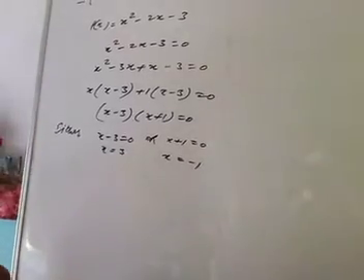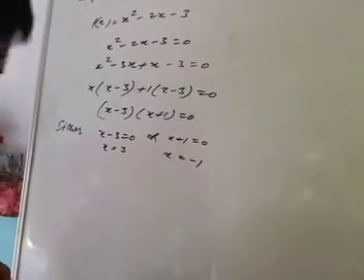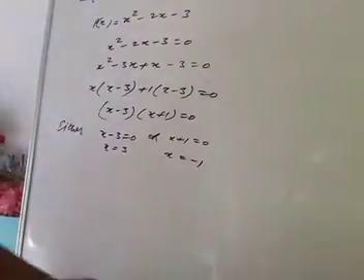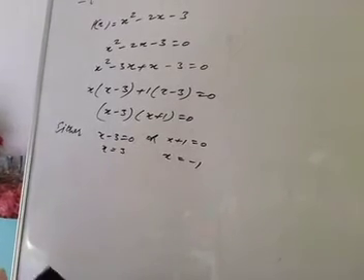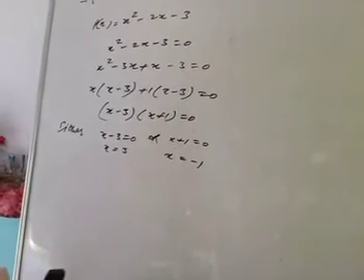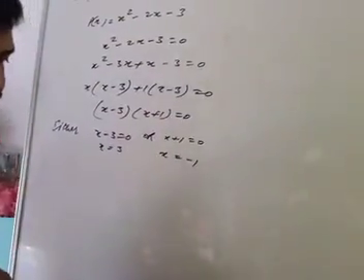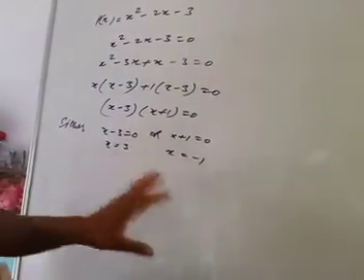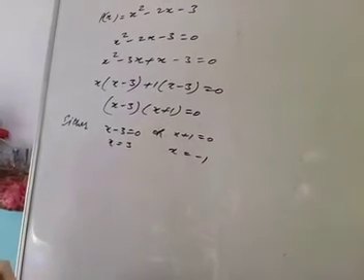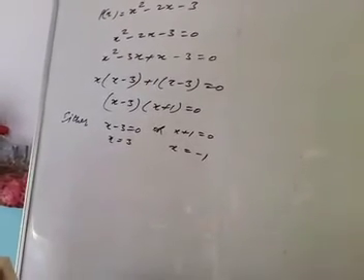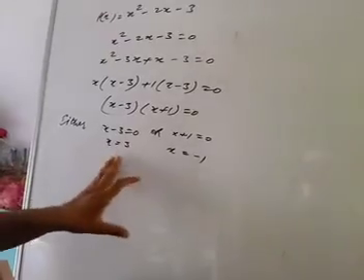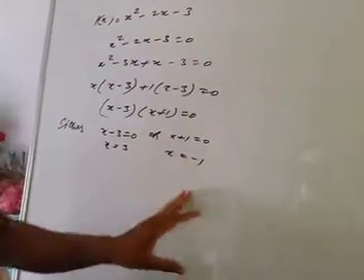So in this way also you can find the zeros of the polynomial. After that we will find the relationship of the zeros and coefficients of a quadratic polynomial. Zeros are also called the roots of the polynomial. Suppose the two roots of this polynomial are 3 and minus 1.